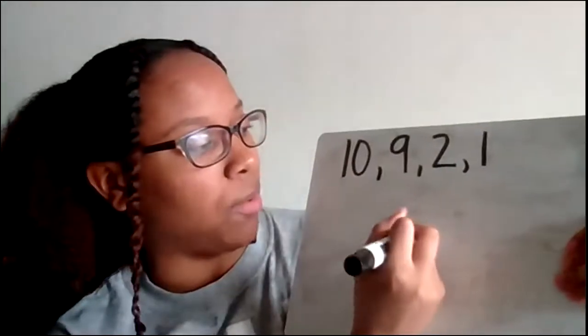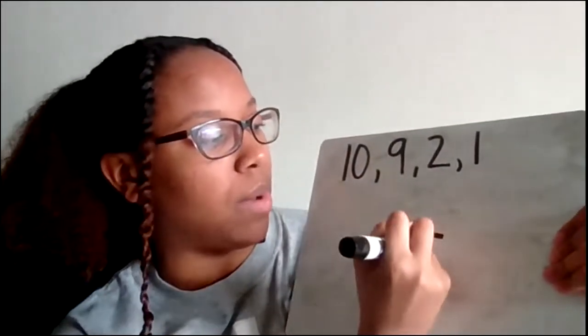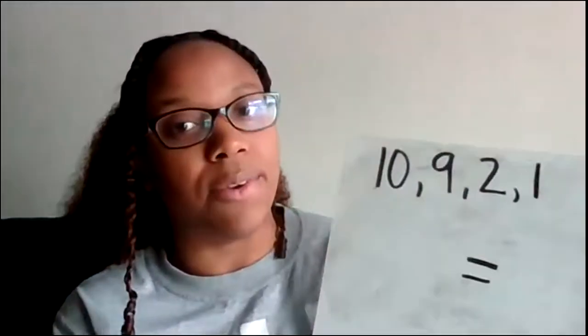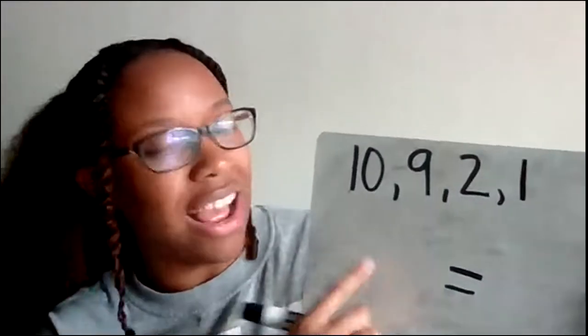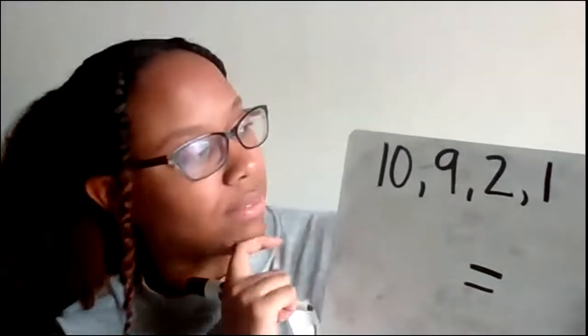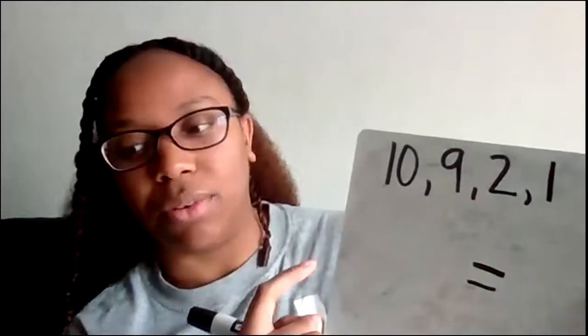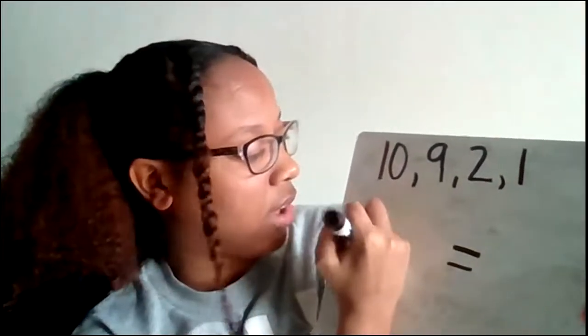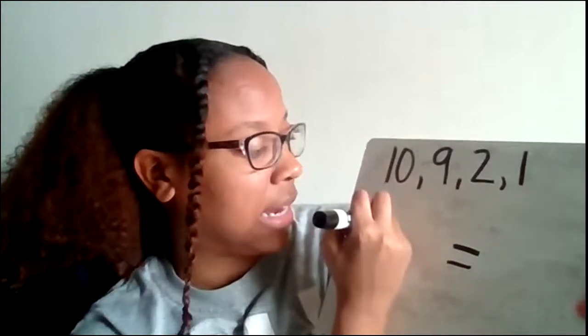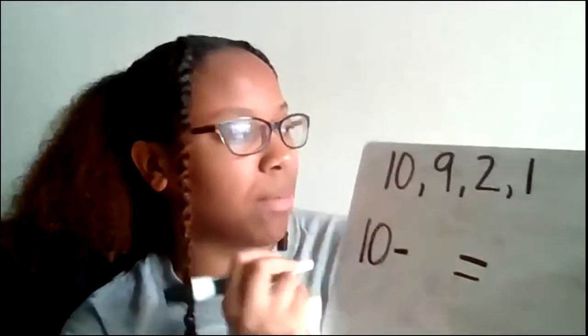So what I'm going to do is write my equal sign right here in the middle of my board because I know I want to make equal expressions. And on this side, I have to use 2 of these numbers. I'm going to start with the number 10 because I see that one first. So I have my 10, and I remember it has to be subtraction, so I'm going to write my minus sign.